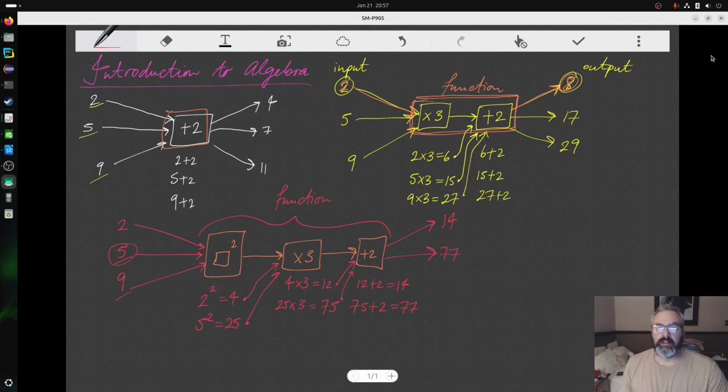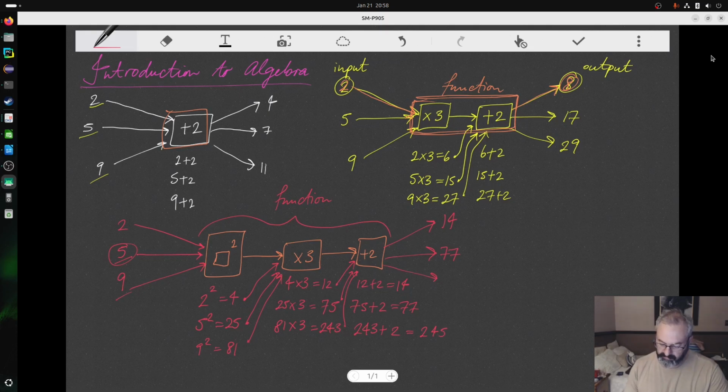And again, for each input, there's only one output. We'll do the same with 9. We have 9 squared, that's going to be 81. Then we have 81 times 3, and that's going to be 243. And then we feed that into the last step, 243 plus 2, and that gives me 245.